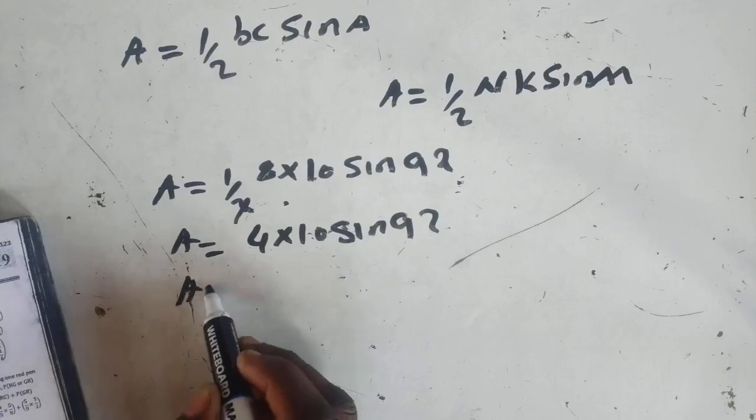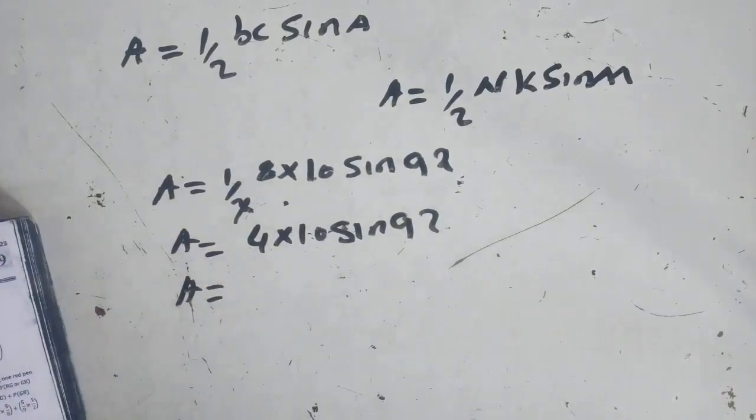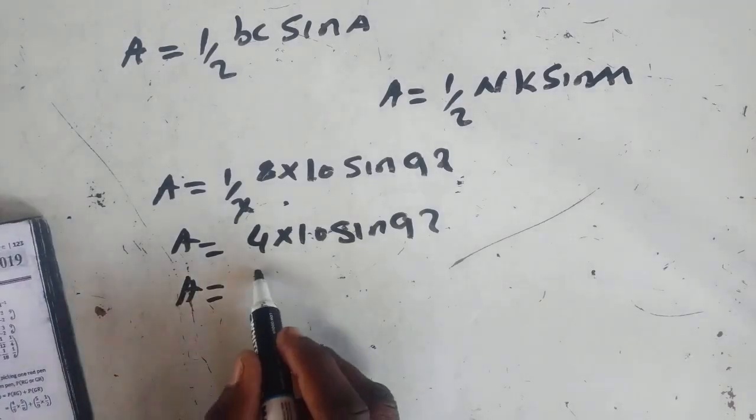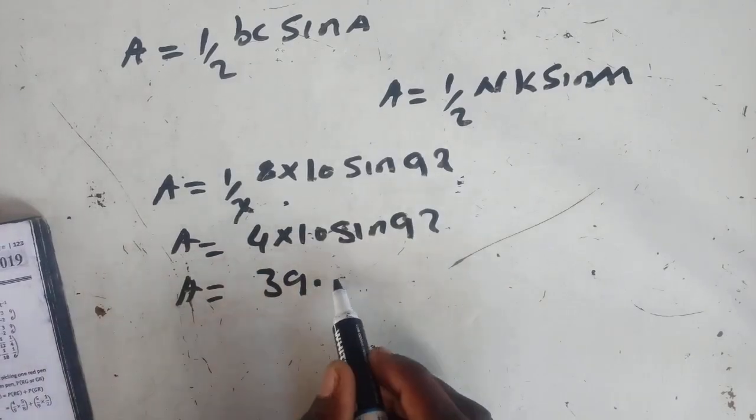Then area will be 4 times 10 times sine 92. So it will give us 39.98.